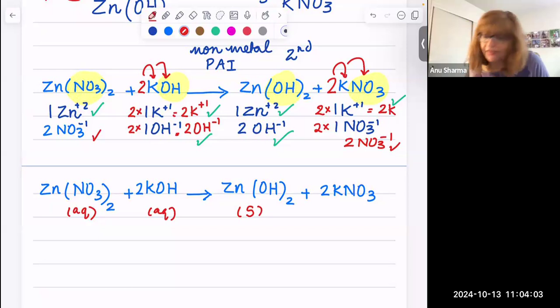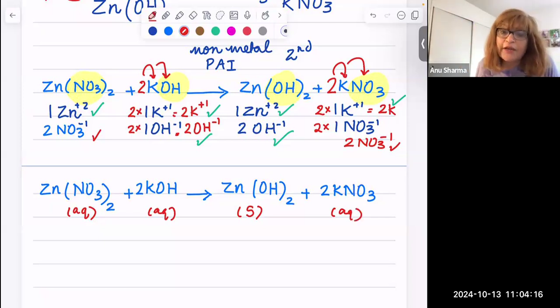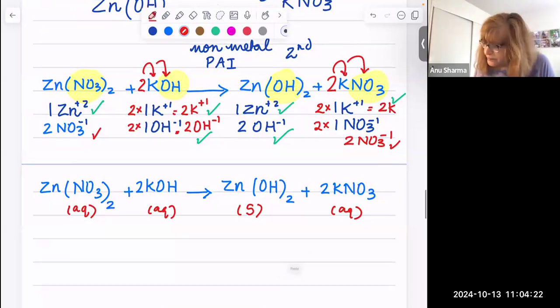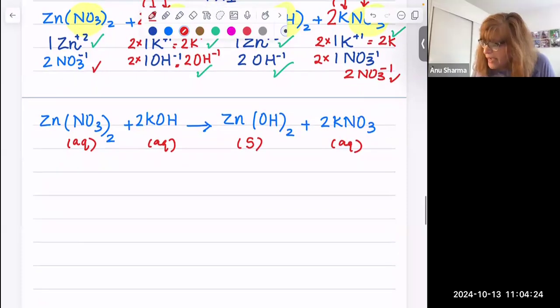So this guy will be S. All right. And KNO3 is group 1A and nitrates soluble. So this would be aqueous. Okay, so this is another type of question where you would be asked to tell the solubility. Okay, got it, everyone? So I'm going to come back to this one.